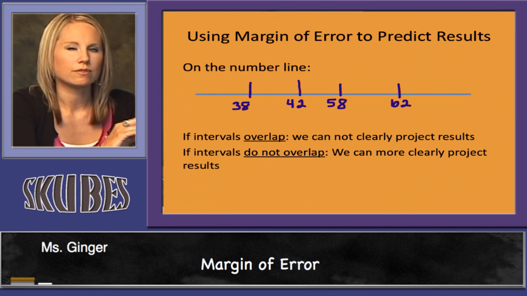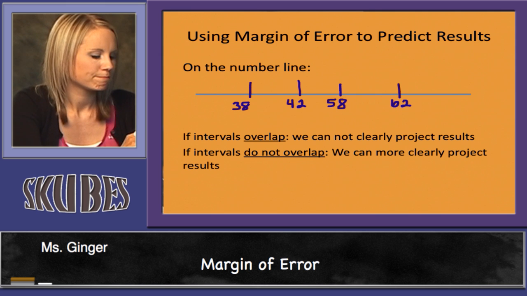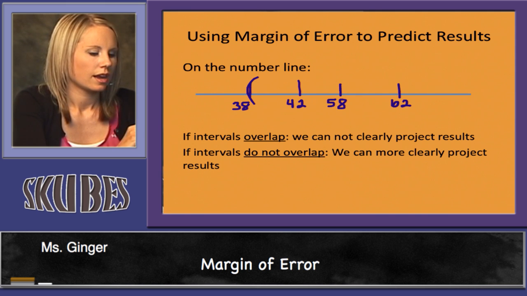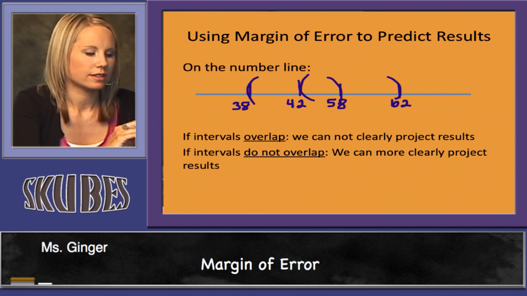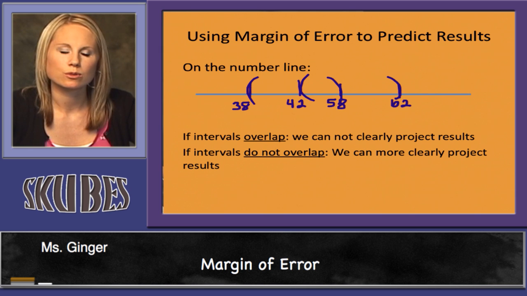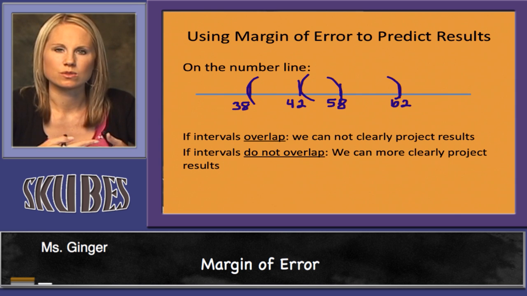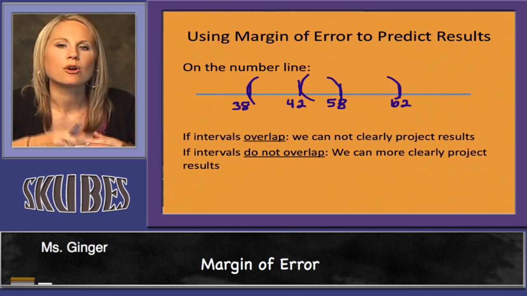If you put these on a number line and you see that there's some overlap of these intervals, we cannot clearly project what's going to happen in this actual election, because each person's interval runs into the other person's. So there's some overlap.